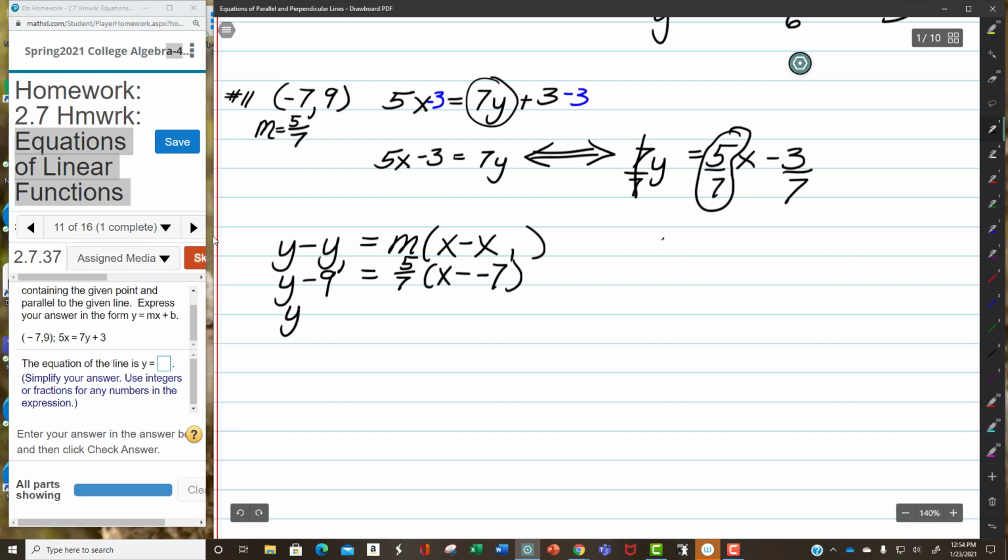Take an extra step to get rid of that minus minus.